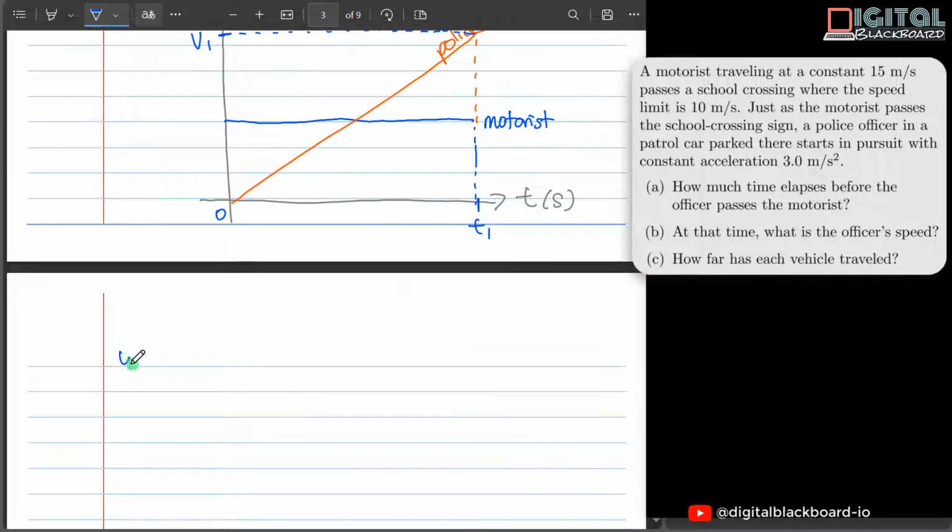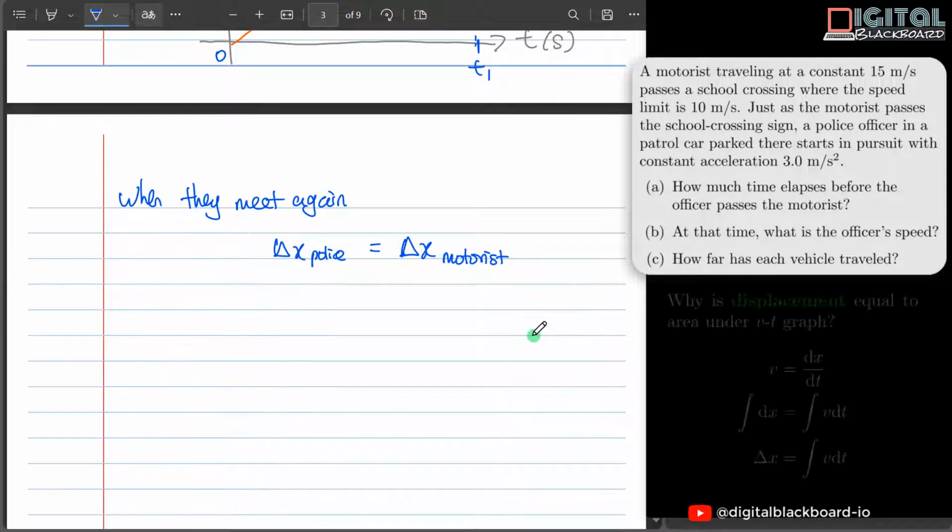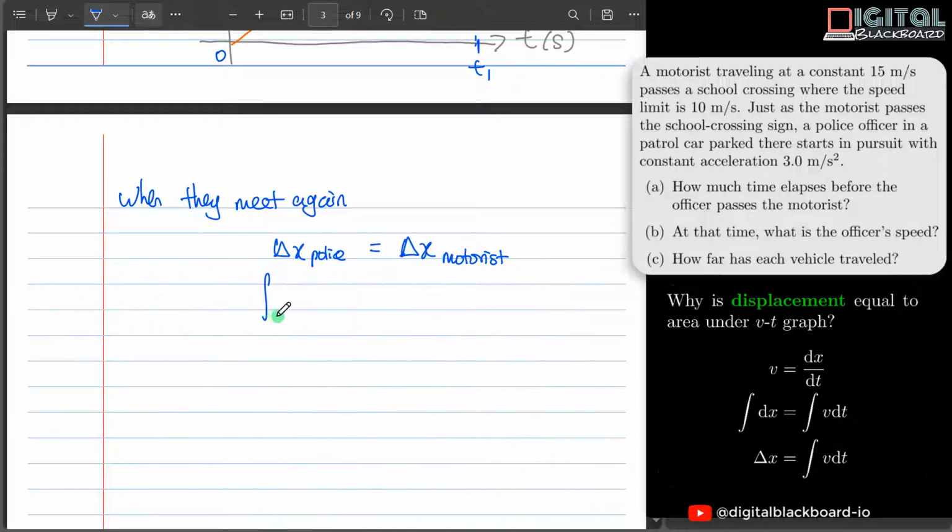We know that when they meet again, the displacement of the police officer is equal to the displacement delta x of the motorist. If we consider the area under the VT graph, using integration from time t0 to t1, the integral of v dt for the police officer is equal to the integral from 0 to t1 of v dt for the motorist.